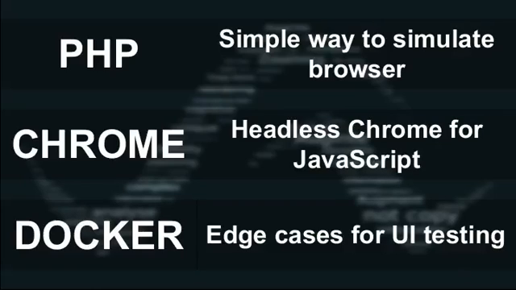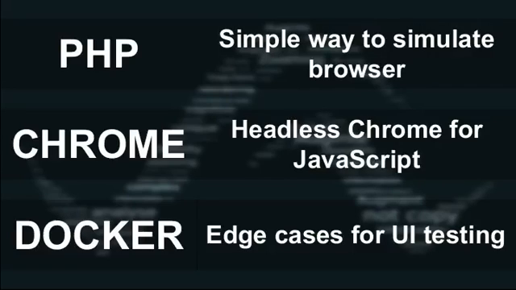There are a lot of articles on the internet about Selenium and Phantom.js, but today I want to talk about different technologies. My presentation will consist of three parts. First, how to simulate a browser using plain PHP and what the real use cases are for that.